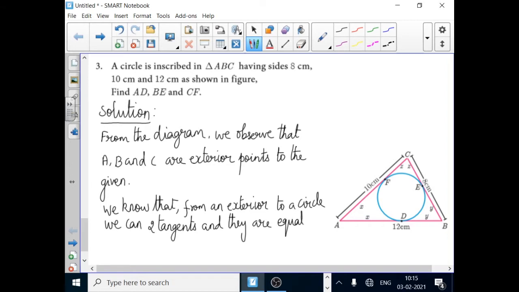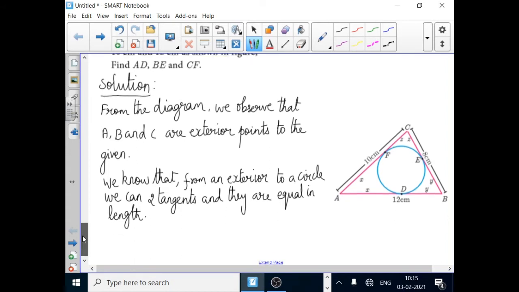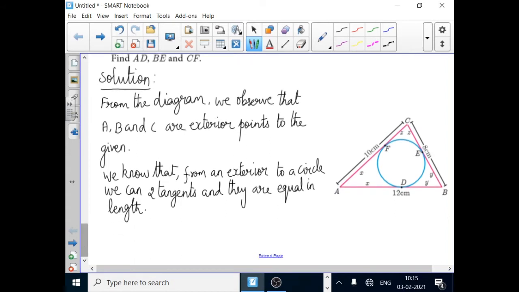You have to write this statement compulsorily. So using this statement we can write it, starting from A.